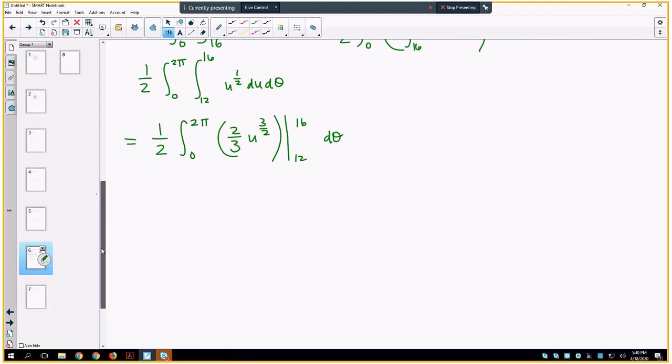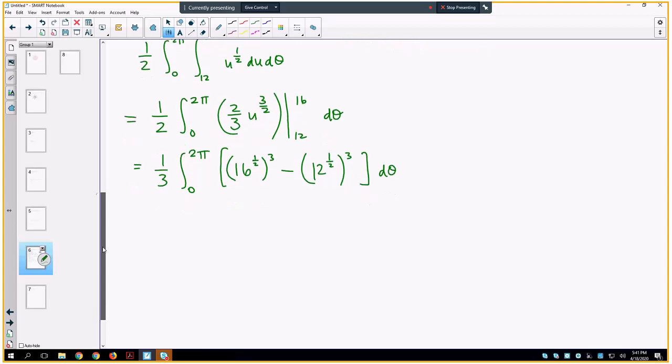So let me pull 2/3 out. 2/3 times 1/2 is 1/3. And I'll have 16 to the power 3/2, which I'm going to write as square root of 16 cubed, minus 12 to the power 3/2, which I'm also going to write as square root of 12 cubed. That's what I'll be integrating with respect to theta.